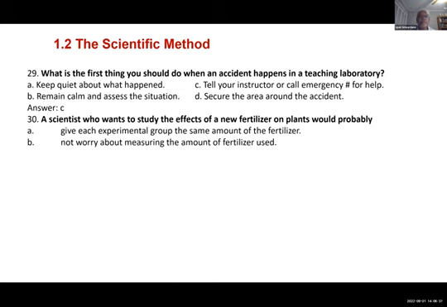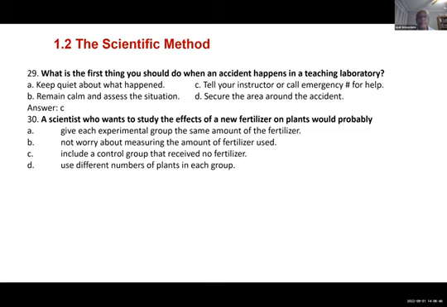We quantify the amount. Include a control group that receives no fertilizer. Use different numbers of plants in each group. The most important thing to do is include a control group that receives no fertilizer, right? C is the correct answer.